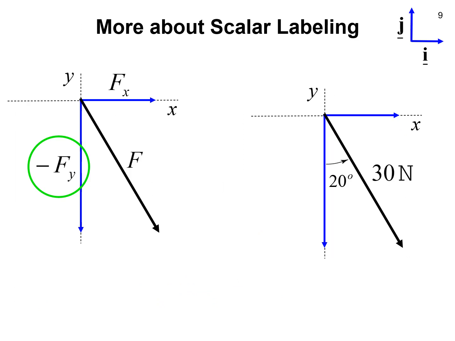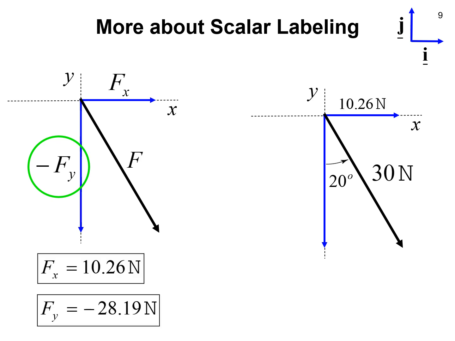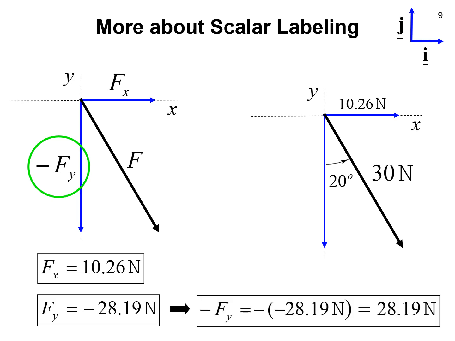And in general, this means that if you're labeling a vector with symbols, in this case, the fx is clear, but I would label the vertical component as negative fy. And how can I see this? Because since the value of fy was negative 28.19, then the value of negative fy must be positive 28.19, and that corresponds with our convention.